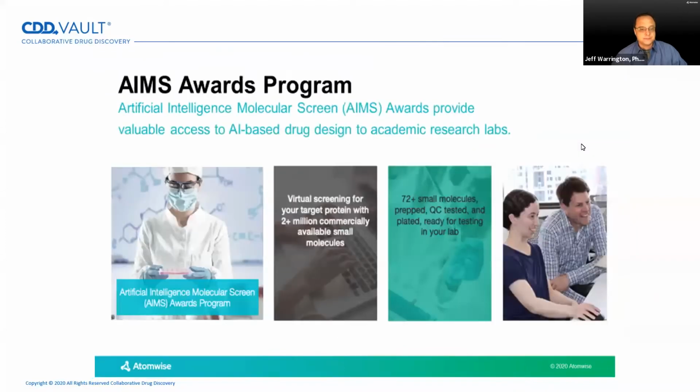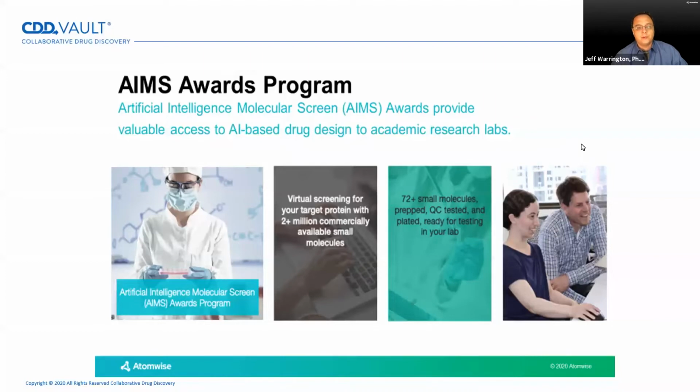Next slide, please. As I mentioned earlier, prospective testing is the key. For this goal, we've really set up a global initiative to collaborate with leading researchers in both academia and industry through our AIMS program. And we're providing access to the technology to academic researchers worldwide.